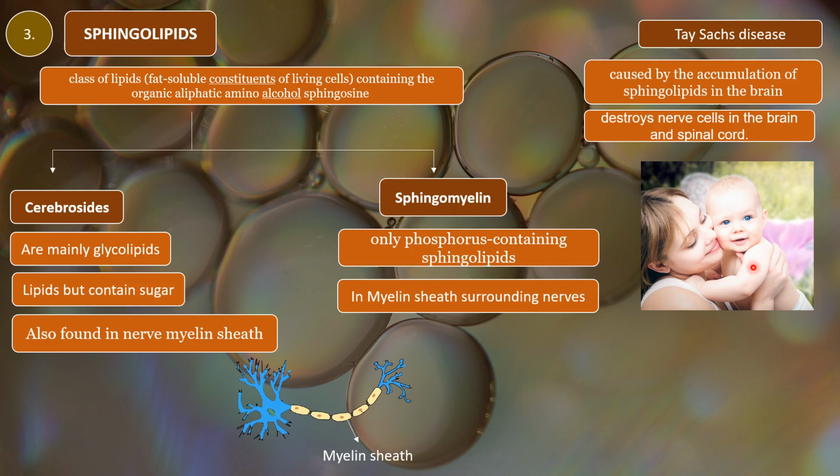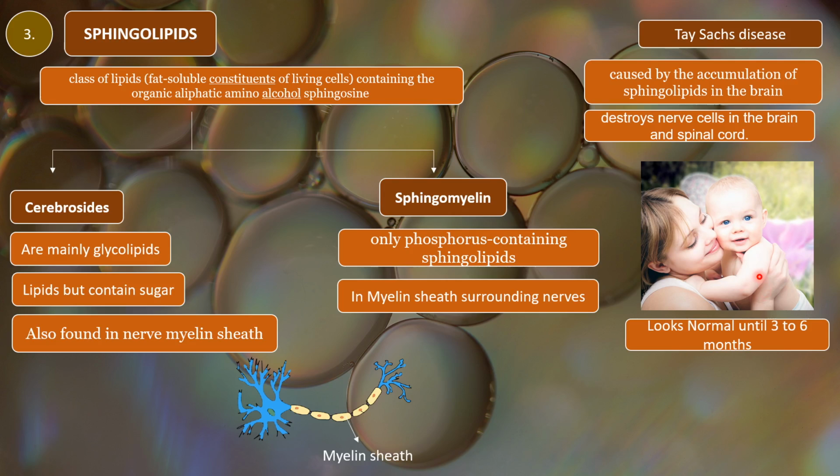So what will happen is that these newborn infants will actually look healthy up to only 3 to 6 months, and after that they will start showing symptoms like abnormal development of nerves.